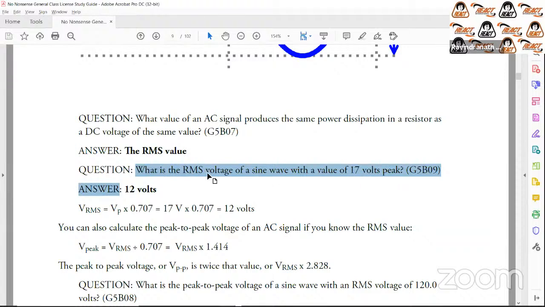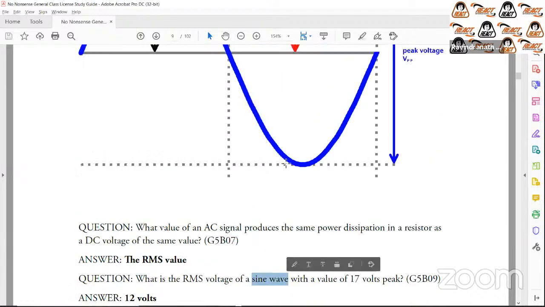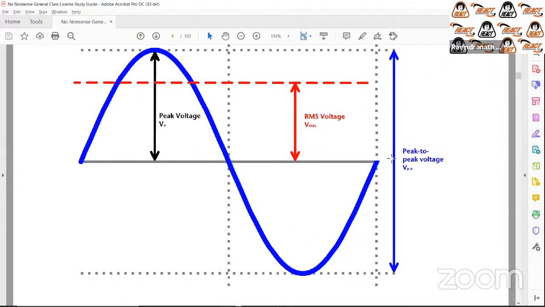So let's dissect that question also. What are they asking us for? They are asking us to find the RMS voltage. And they tie us up a little bit here. They say a sine wave. They didn't tell us AC or alternating current. But we know that in AC, the waveform is a sine wave.